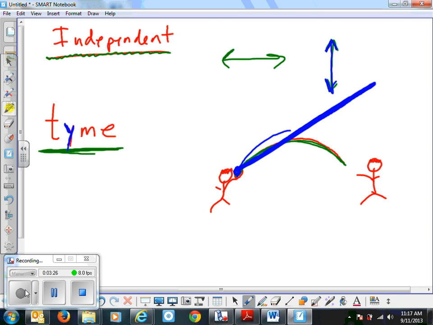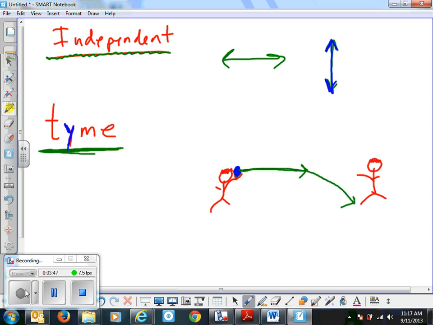Let's make this a little simpler. If I threw a ball straight, would it go forever? No, it wouldn't go forever. How come? Because it doesn't go straight. It ends up getting pulled down towards the earth because of the force of gravity.